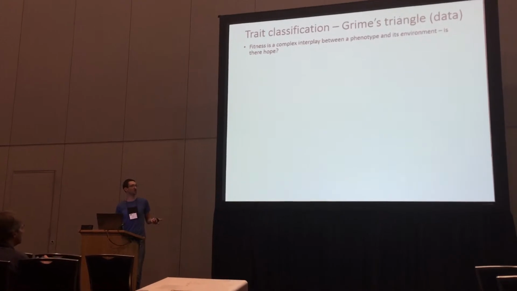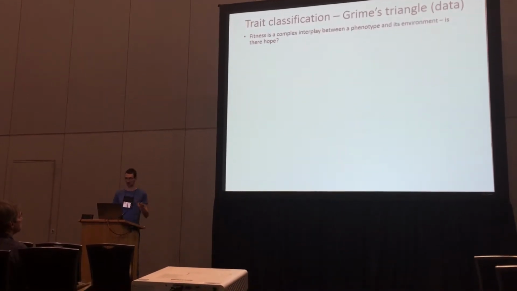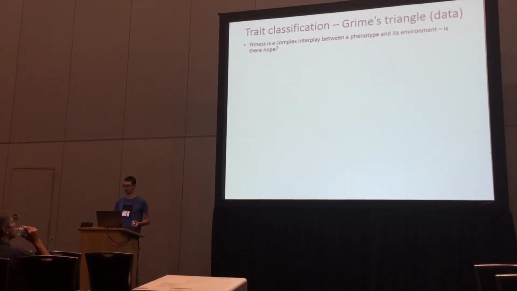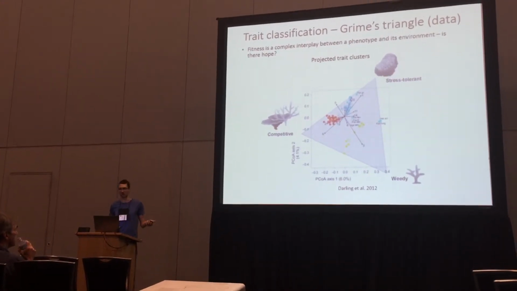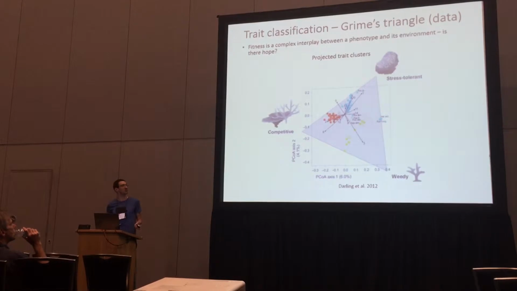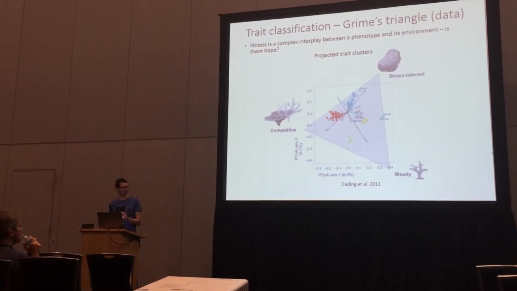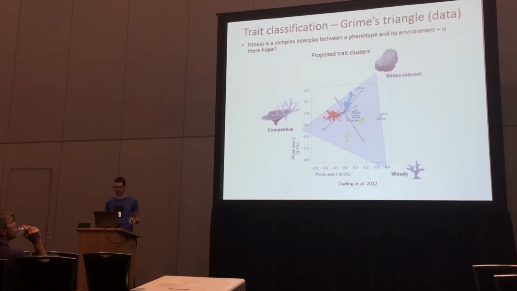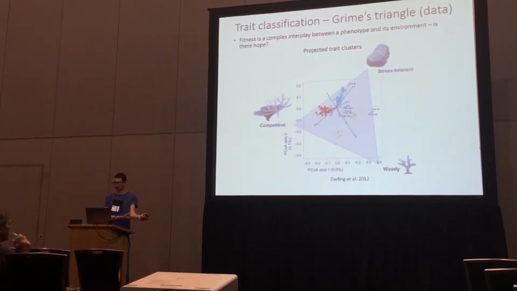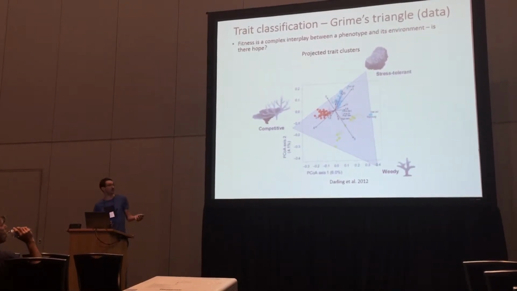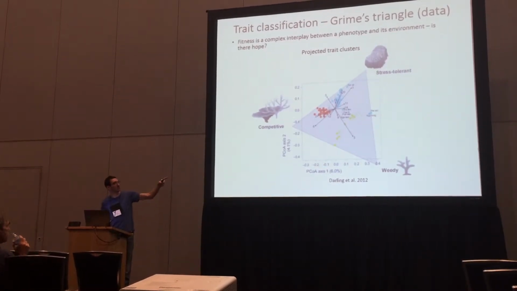But ecologists have been looking at this problem for a long time, from a very different perspective. This is an example of what's known as Grime's triangle, a trait classification scheme. They took correlated traits, I think they looked at 12 or 15 traits, and did a hierarchical cluster analysis, and the different colors are the different clusters.